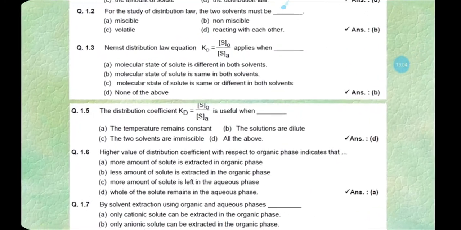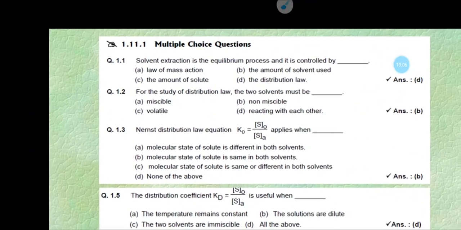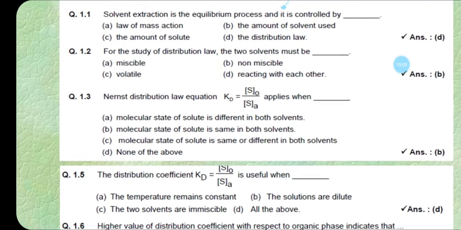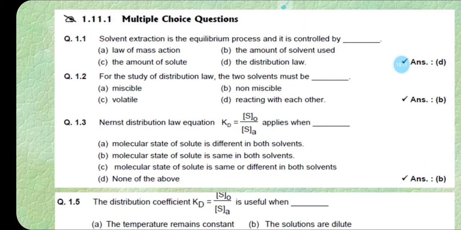So these are the MCQ type of questions. Solvent extraction is an equilibrium process and it is controlled by the distribution law. For the study of distribution law, the requirement of the solvent extraction is that the two solvents should be non-miscible.